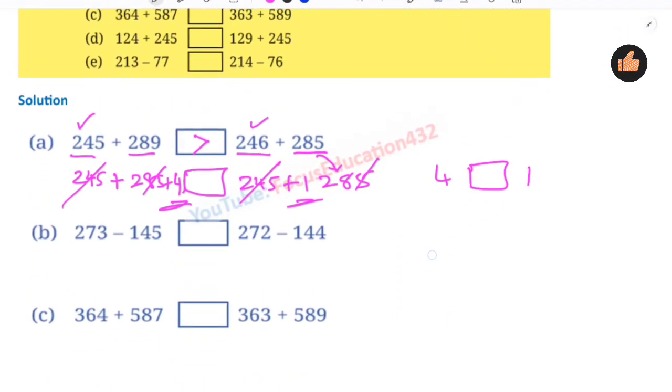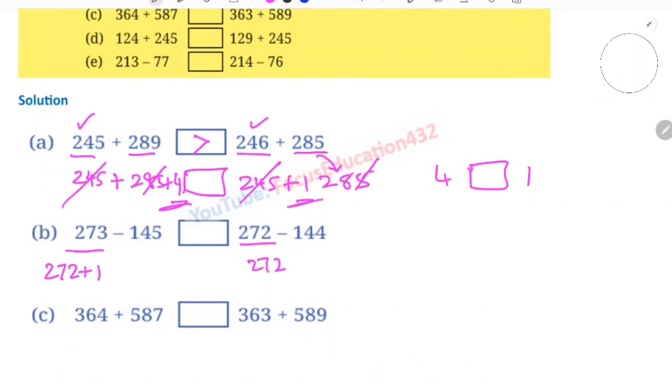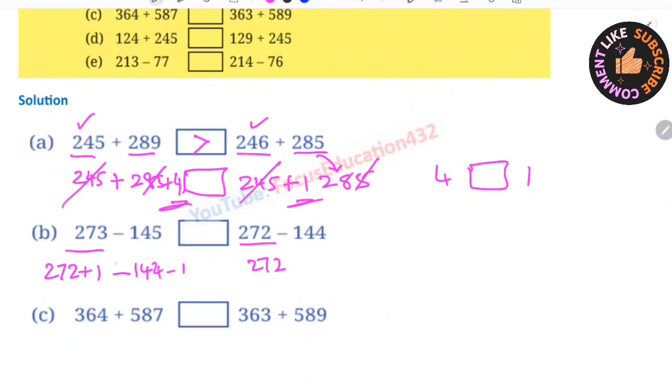Clear? So here 273 and 272. 273 can be written as 272 plus 1. You can write 272 as it is. The other thing is minus 145 and 144. 145 you can write as 144 plus 1, so minus 144 minus 1 is minus 145.